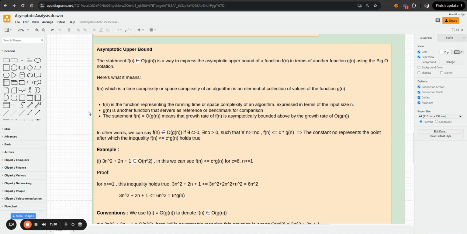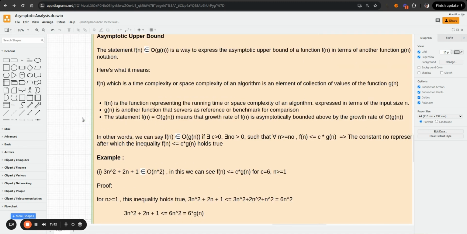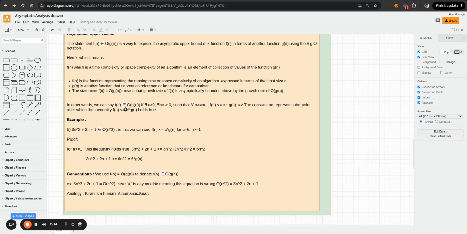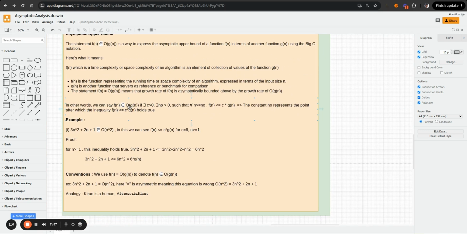In other words, we can say f of n belongs to big O of g of n if this inequality holds true: f of n should be less than or equal to a constant multiple of g of n.